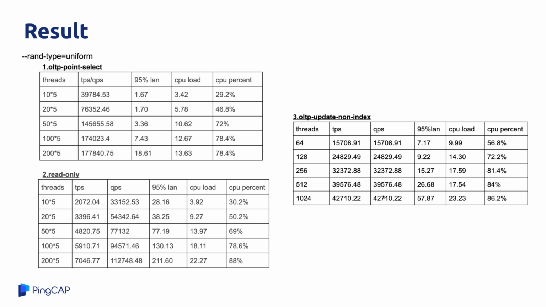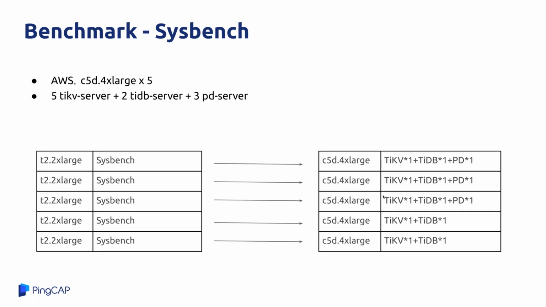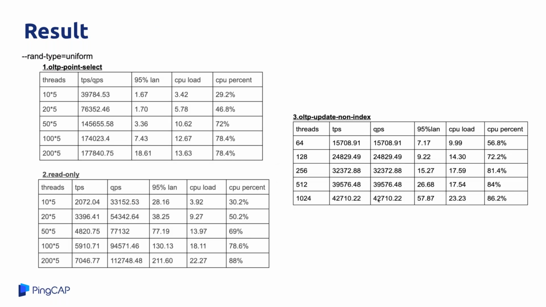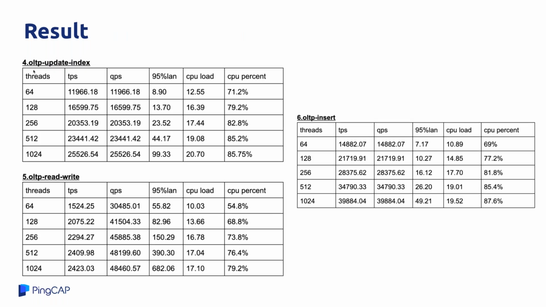This cluster of 5 C5D 4x large machines has 42K TPS in this deployment. And this is also some benchmark results for OLTP update index, OLTP read write, and insert. Yeah, the result is not bad, right?